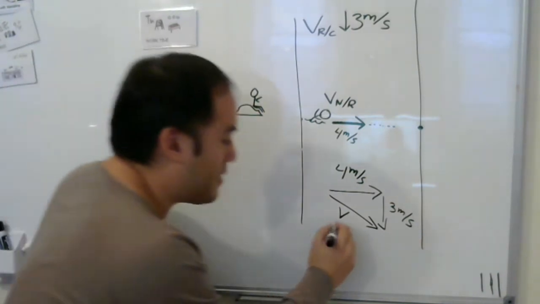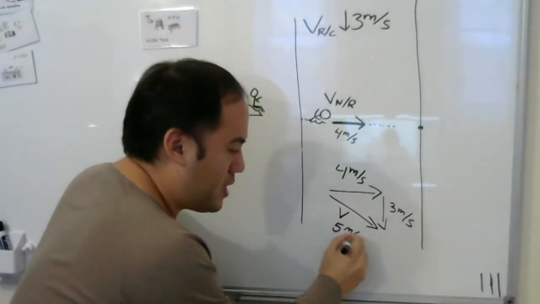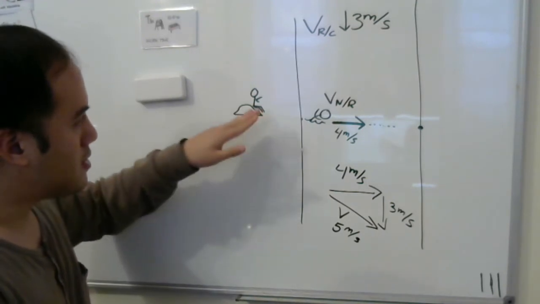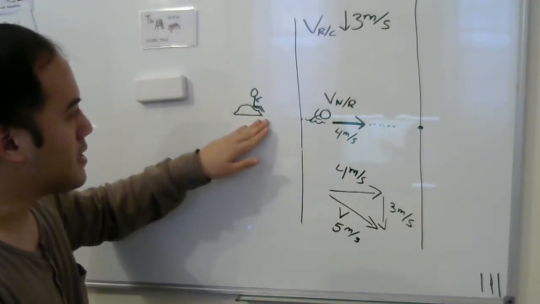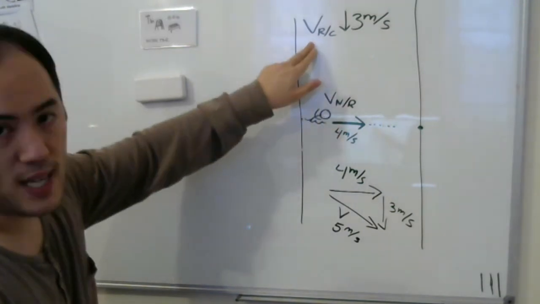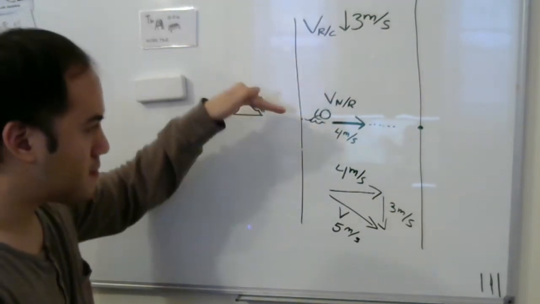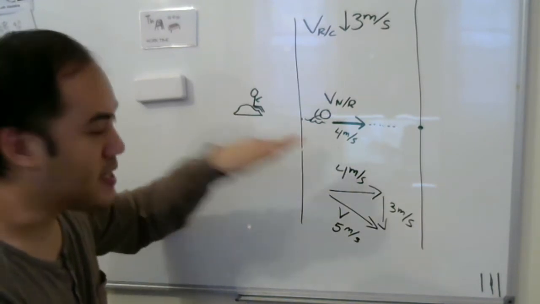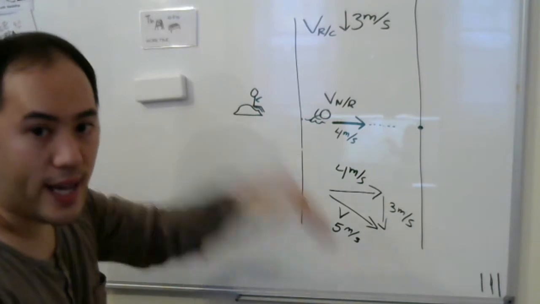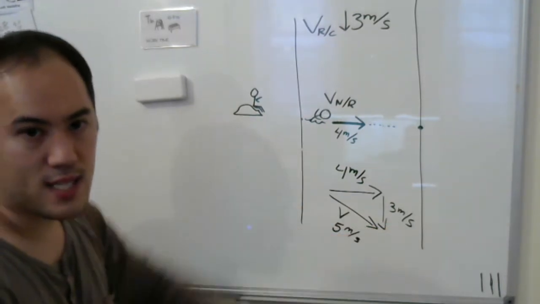Oh wow, it ends up being 5 meters per second. The numbers worked out nicely. The coach will say, oh, your velocity is your velocity relative to the river plus the river's velocity relative to me. So even though Nick intends to swim horizontally, he's going to be moving diagonally because of the river's velocity too.